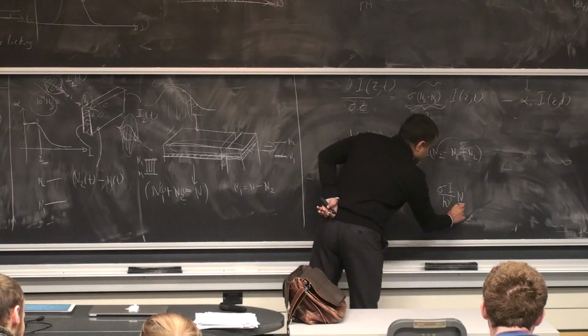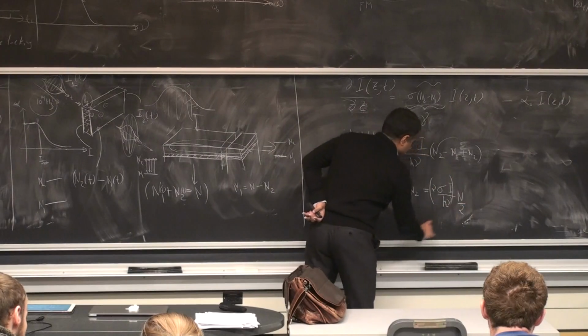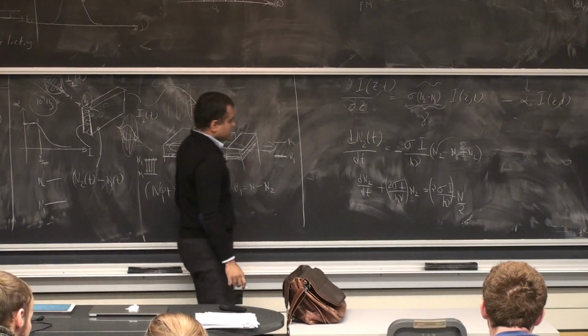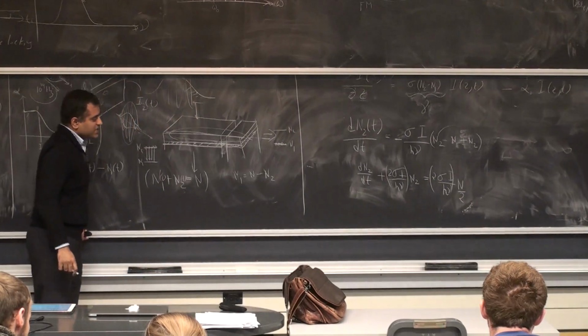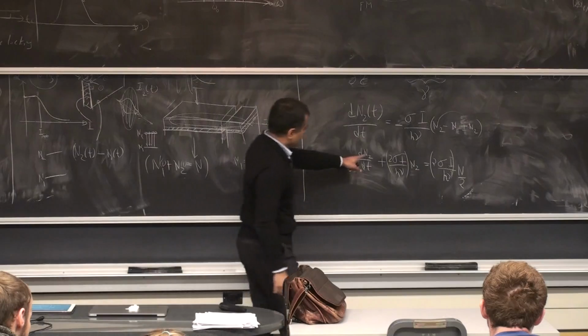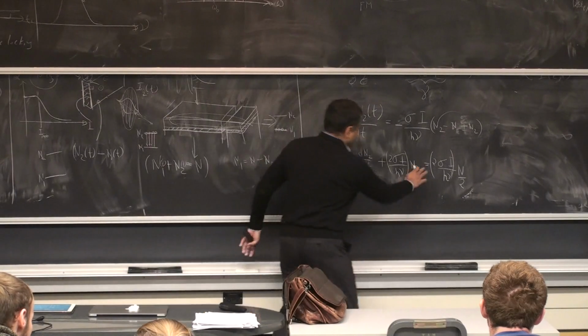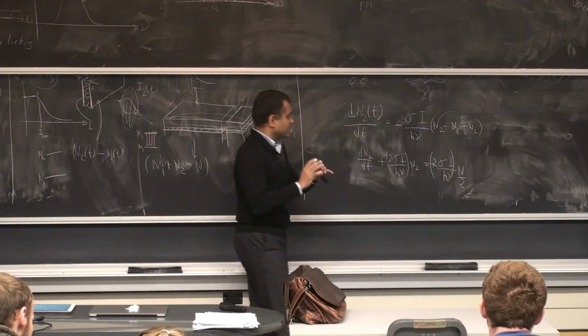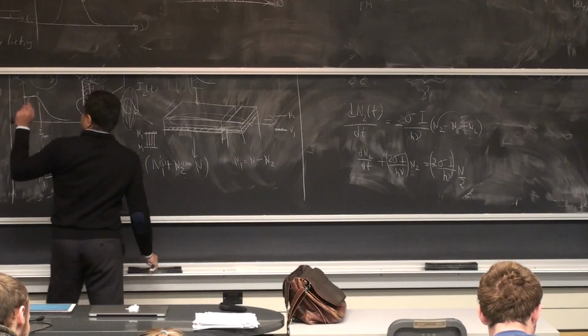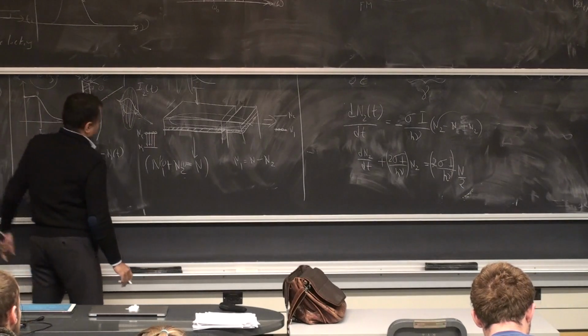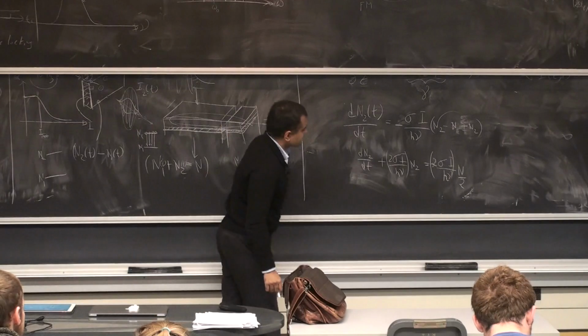And you can massage it a little bit, make it a nice looking equation. If coefficients are the same, you get a rate equation in N2. That's the total number of excited states inside the gain medium, or inside the saturable absorber. I'm just going to call it a saturable absorber. We are doing the theory for both amplifier and absorber.